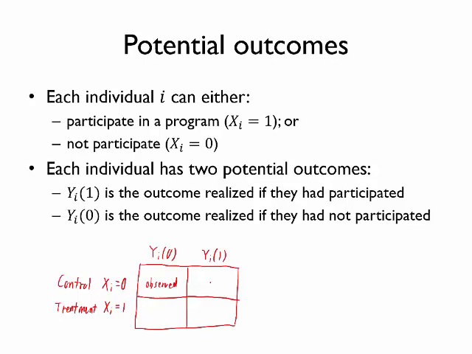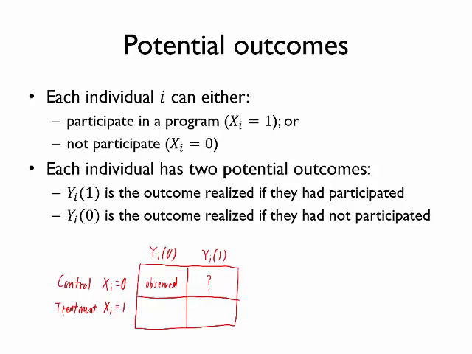In principle, we could ask, how well would they have done had they participated in an online class instead? We're never really going to know that, but you could imagine that potential outcome. We can still ask the question in this thought experiment.